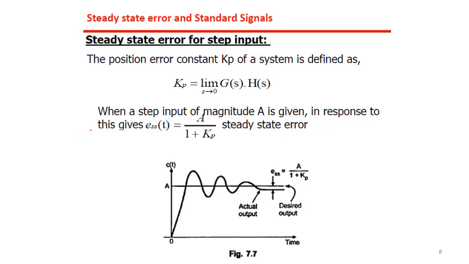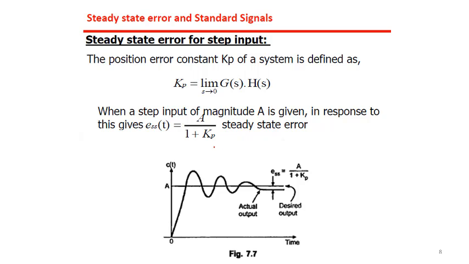As I have told, the positional constant Kp of a given system is defined as Kp equal to limit s tends to 0 G(s) into H(s) for a given open loop system. When a step input of magnitude A is given, in response it gives a steady state error ESS equal to A divided by 1 plus Kp.